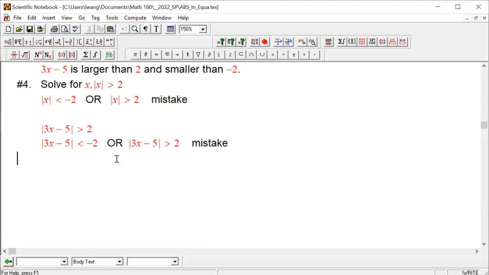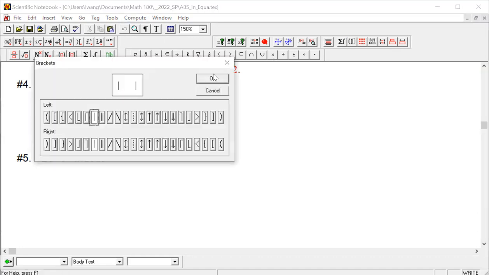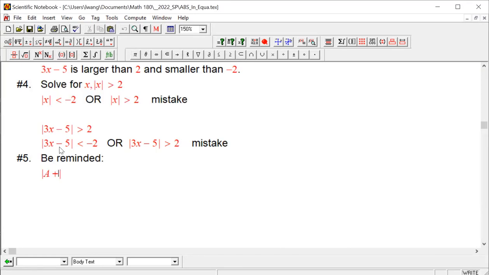And number 5, I'd like to remind you. What is to be reminded? The reason we take so much effort just to get rid of the absolute value sign is because of the absolute value operation. This is false. We have discussed it in the first week.